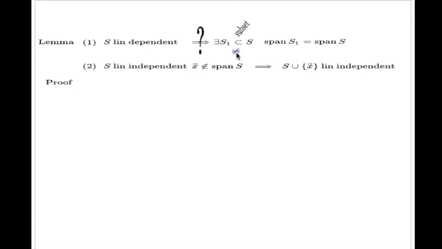So you can throw out some vectors from your set with no expense at all: the span of the smaller set will be equal to the span of the bigger set. Generally, if you have 5 vectors and you throw some of them away, the span seems to be smaller because you have fewer coefficients to play with. But the interesting fact about linearly dependent sets is that you can wisely drop vectors from them and still keep the same richness of the span as your original span.